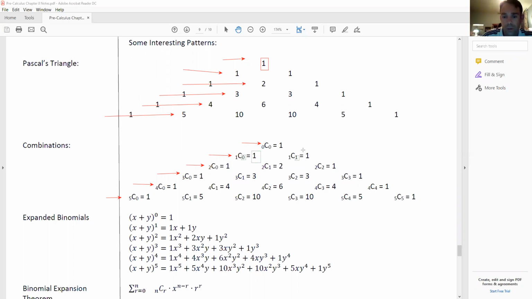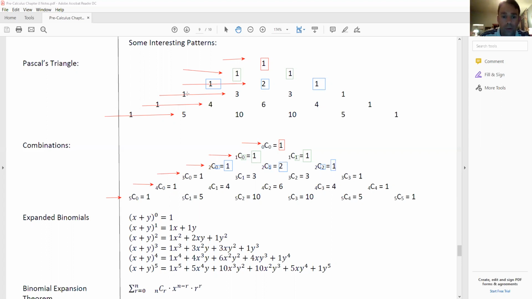They ended up being the same thing as Pascal's triangle. So row 2 on Pascal's triangle was 1, 2, 1. Row 2, so 2 choose 0, 2 choose 1, and 2 choose 2, turned out it also ended up being, with combinations, Pascal's triangle.